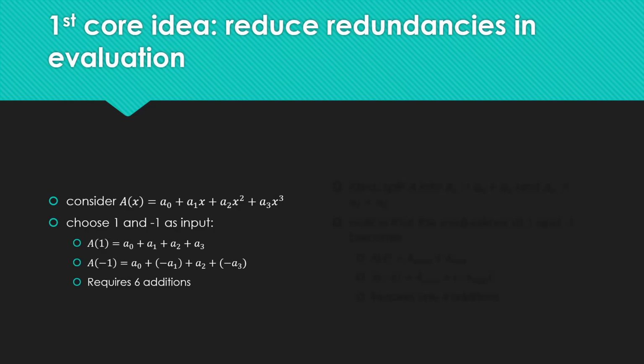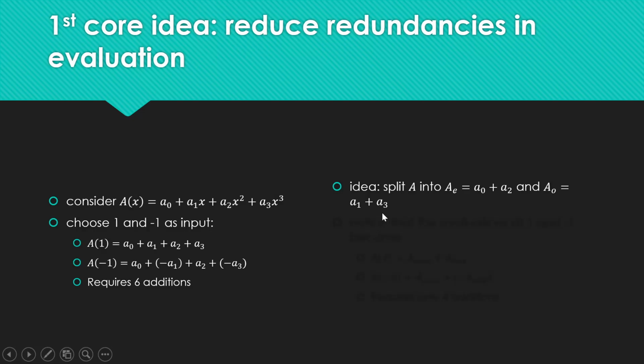So there's freedom here. If we plug in 1, we get a0 plus a1 plus a2 plus a3. But if we plug in negative 1, we get a0 minus a1 plus a2 minus a3. So you notice that to evaluate A(x) at 1 and negative 1, we require 1, 2, 3, 4, 5, 6 additions.